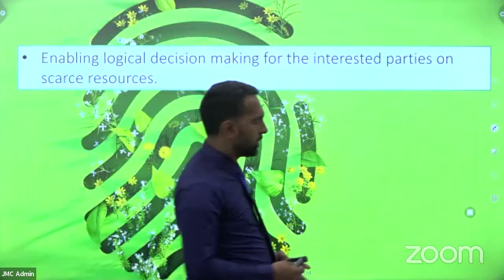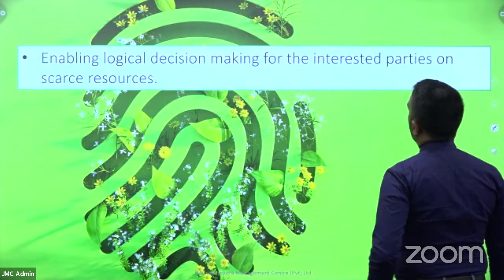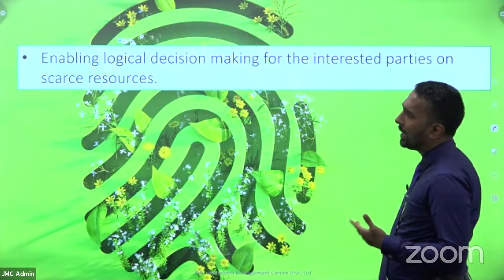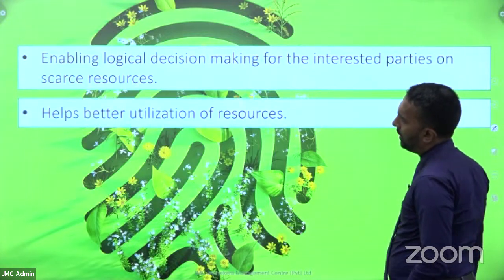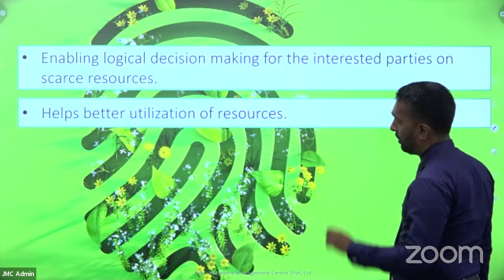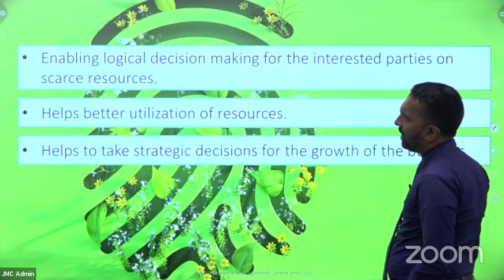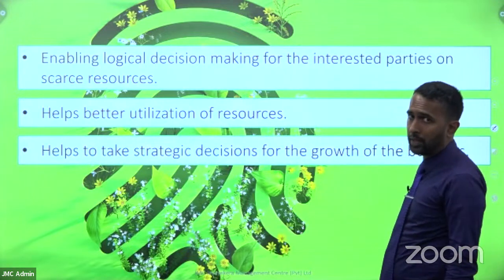Enabling logical decisions. Because of accounting, we can take logical decisions for the interested parties on scarce resources. හිඟ සම්පත් කොහොමද අපි use කරන්නේ කියන එක ගැන බලන්න. Helps better utilization of resources. ඒ කියන්නේ තියෙන සම්පත් හොඳට utilize කරන්නේ කොහොමද? Helps to take strategic decisions. කියන්නේ business එක grow කරන්න management එකට.